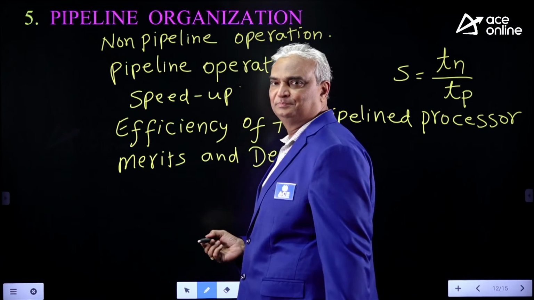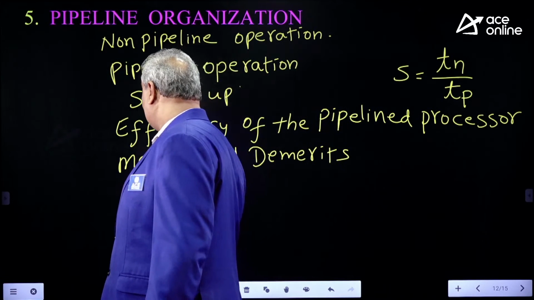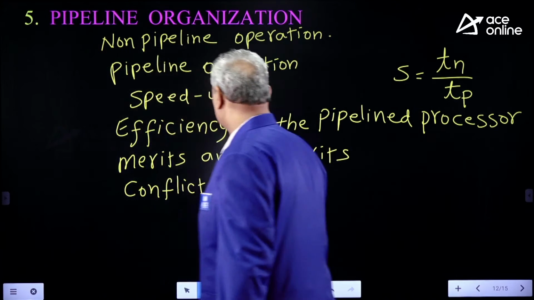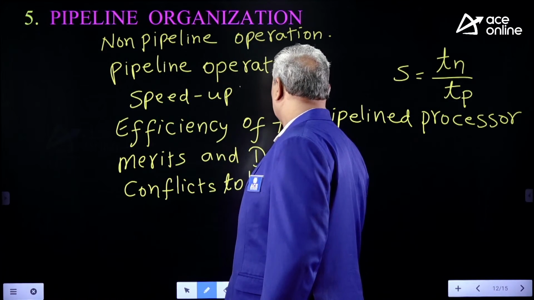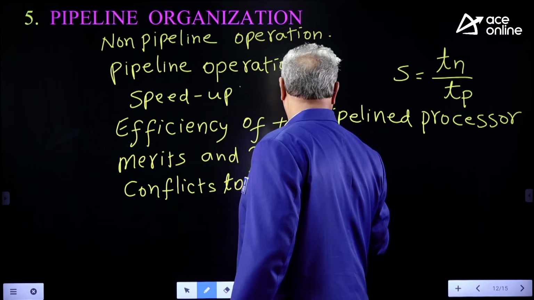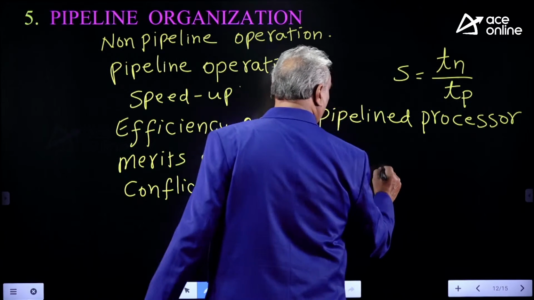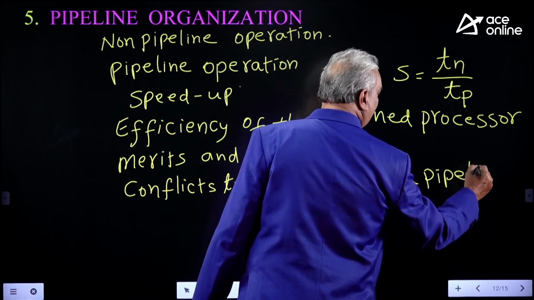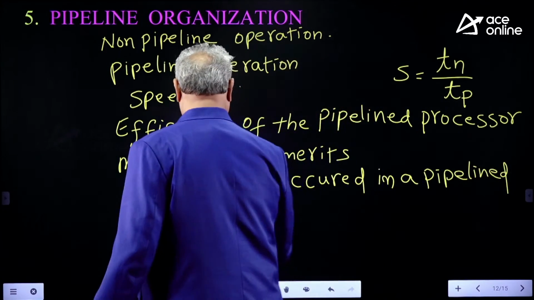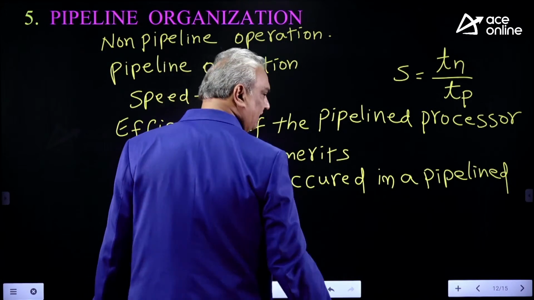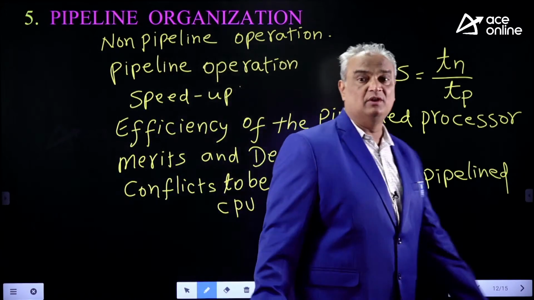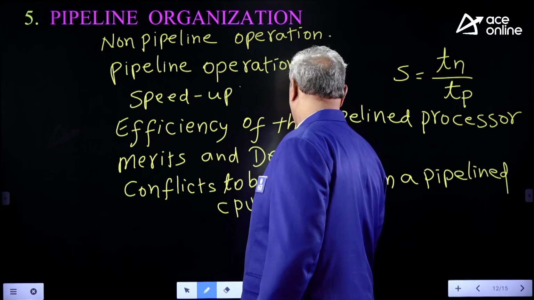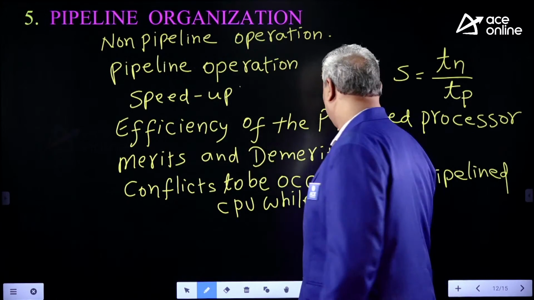At the same time, different conflicts can occur in a pipeline processor while executing a program. Processor is also known as CPU.